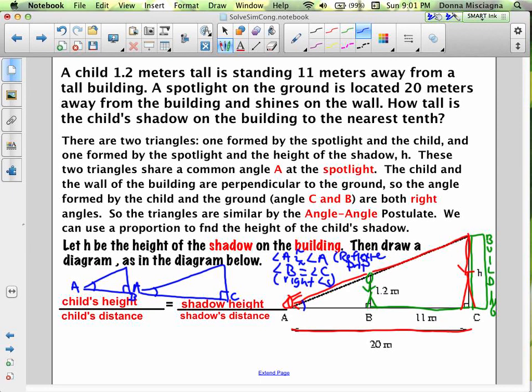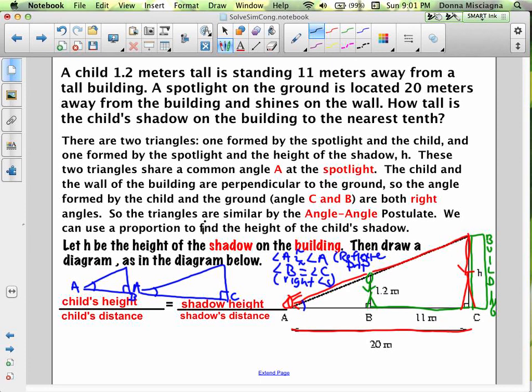Since you have two similar triangles, you can use a proportion to find the height of the child's shadow. So let H be the shadow on the building, and then we draw a diagram as below. To help you, you can separate it out and draw two triangles so that you can see all your measurements.